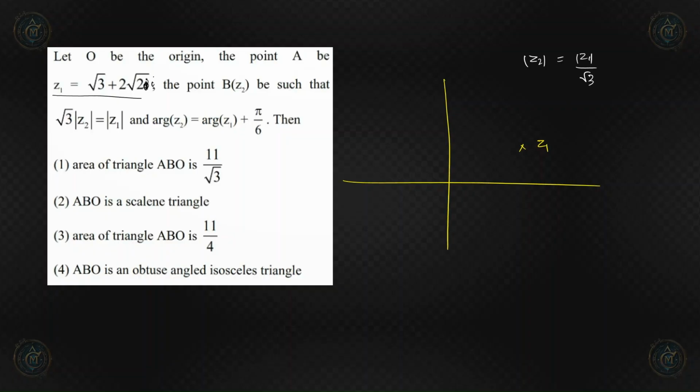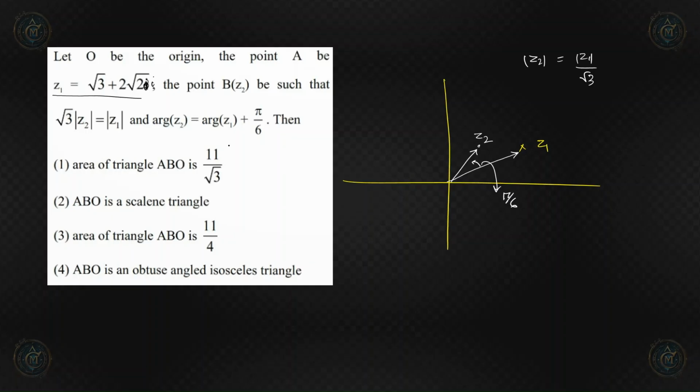So argument of z2 equal to argument of z1 plus pi by 6. That means if we consider these two vectors representing these two complex numbers, this is z1 and this is z2. This vector corresponds to z2 and this vector corresponds to z1. The angle between them is pi by 6.